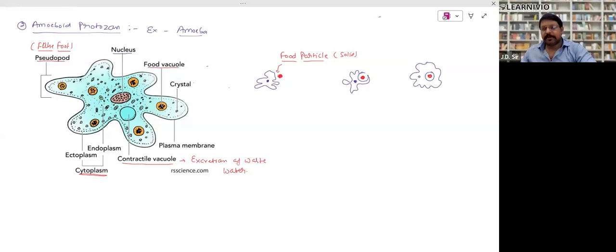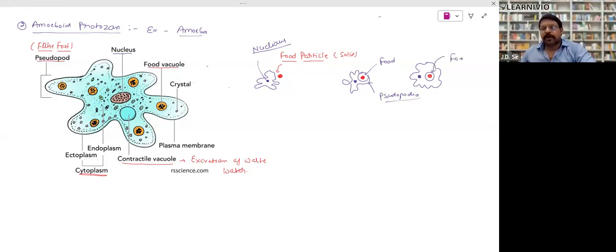This is the nucleus, and this is the food. This is pseudopodia. They keep on changing, and this is the food vacuole.